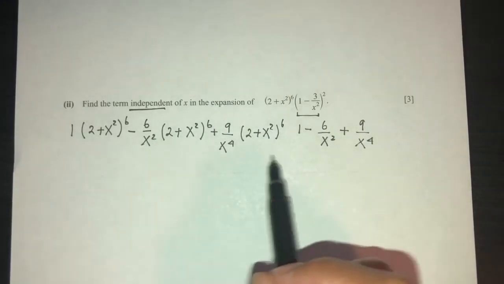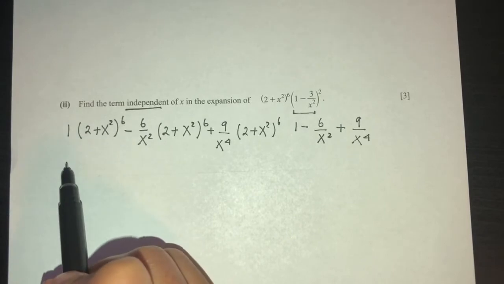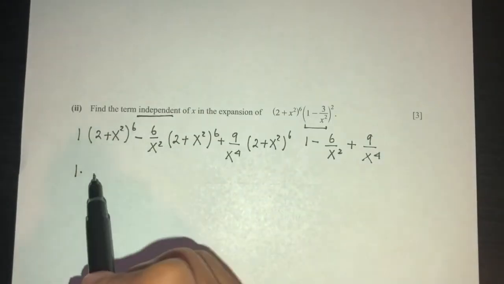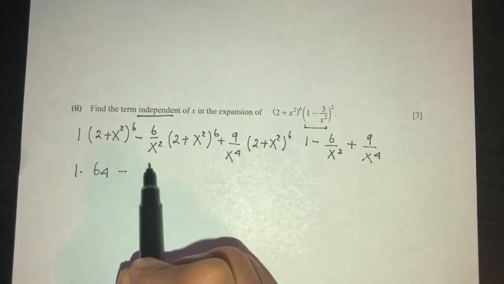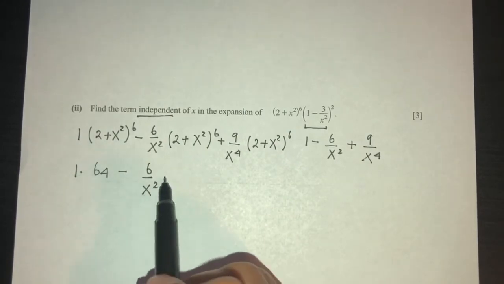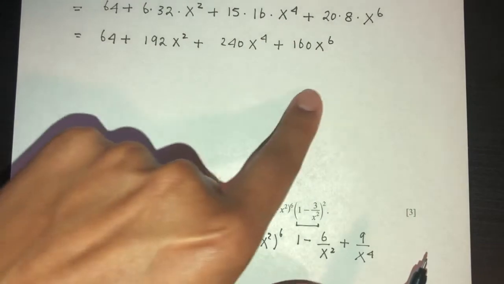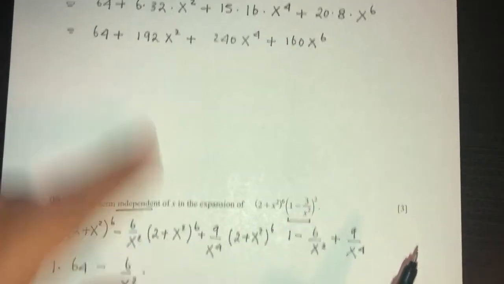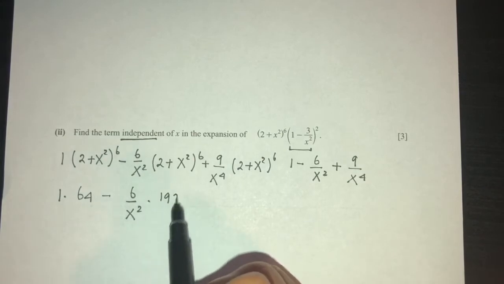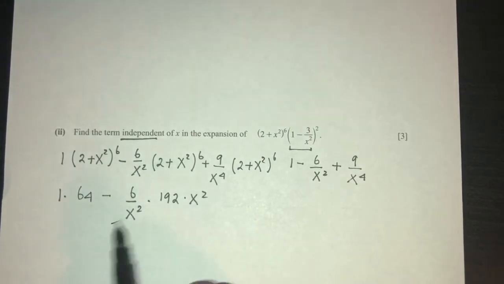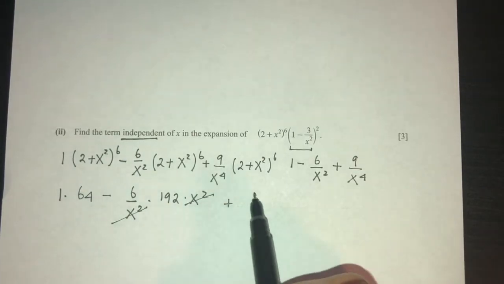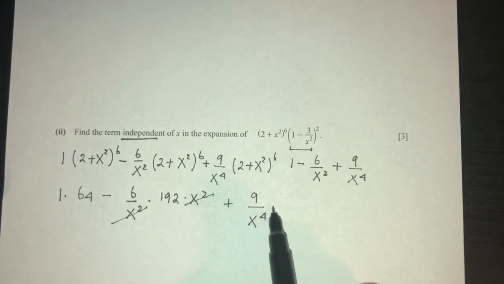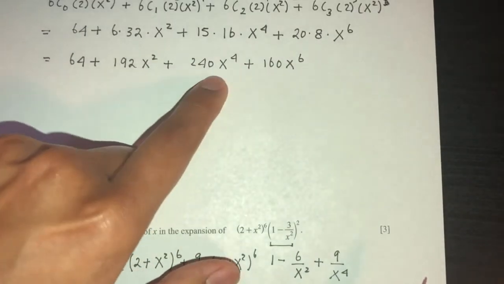Okay, so if you expand, for the first term we have to look for something which is not in terms of x. So we have 64, so 1 times 64, minus 6 over x squared times which term will give you something so that it will cancel out this one. I have to times this one, so 192 x power 2, so these two will be cancelled out, plus 9 over x power 4 times this one.